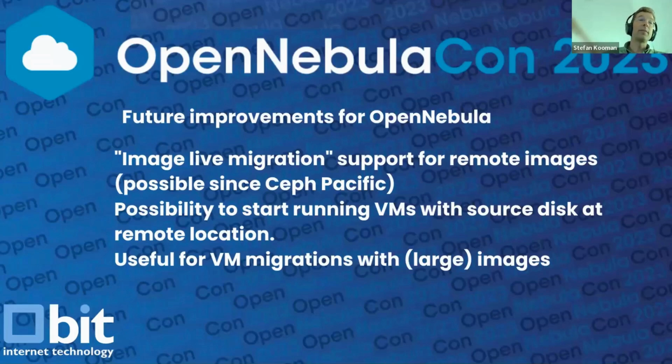It will read all the data that is not yet copied over to the Ceph cluster from the source, and it will copy it over in the background. So especially when you've got very large images and downtime is an issue, this would be a really useful trick.